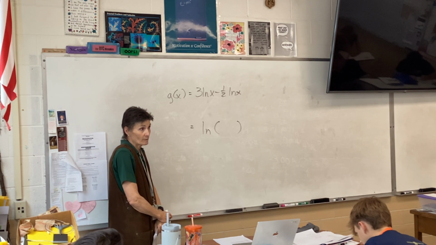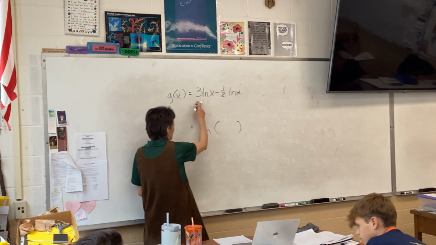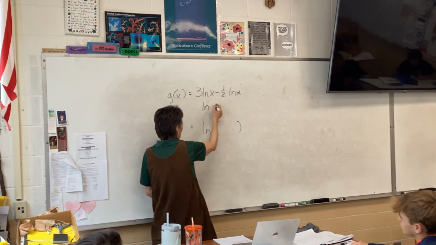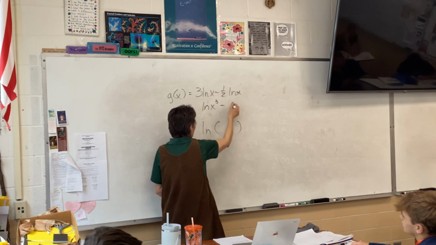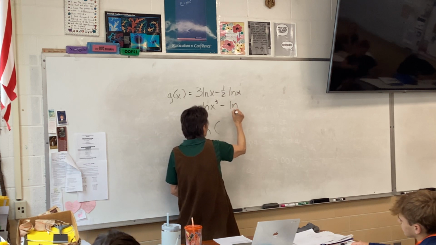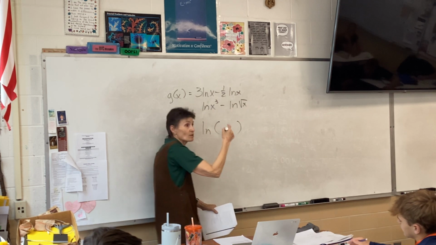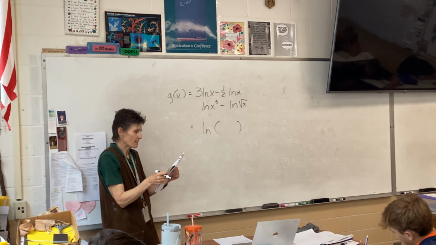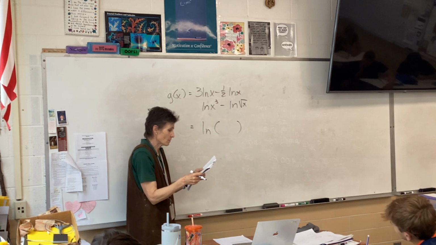What's step 1? What's this? x cubed. And what's this? Square root of x, or x to the 1/2. I don't think it says anything about fractional exponents, just, you know, okay.